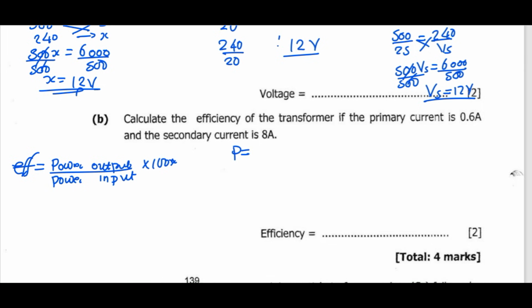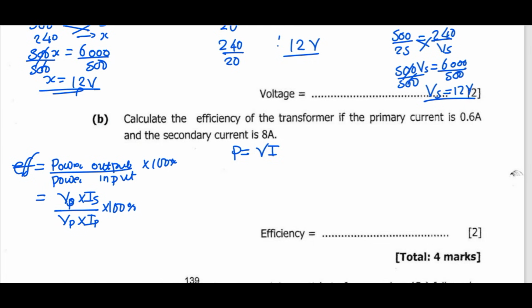The formula for power is equal to VI. So this will be VI. Remember, the output is secondary, so voltage on the secondary times current on the secondary over voltage on the primary times current on the primary multiplied by 100%.